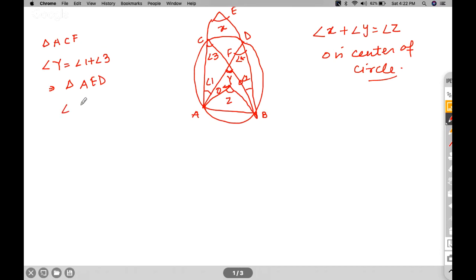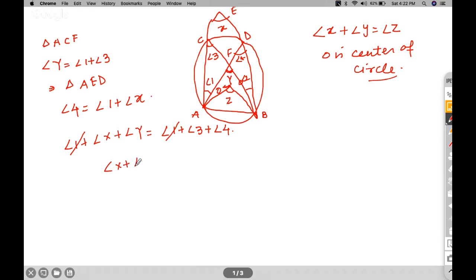So in that, exterior angle 4 is equal to angle 1 plus angle X. Now let me add this: angle 1 plus angle X plus angle Y is equal to angle 1 plus angle 3 plus angle 4. Now angle 1 and angle 1 is gone.